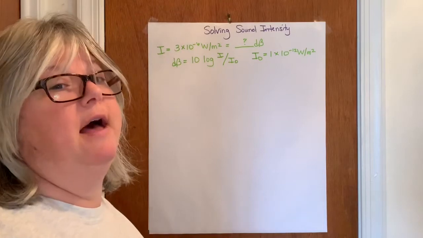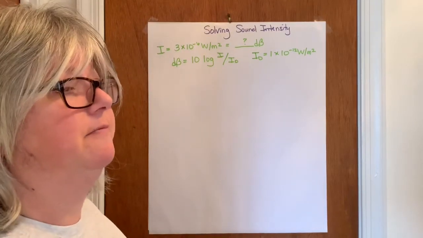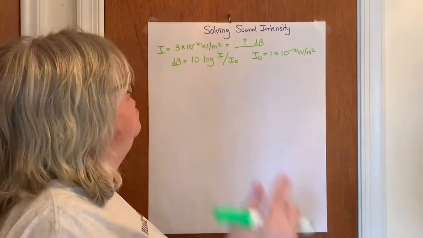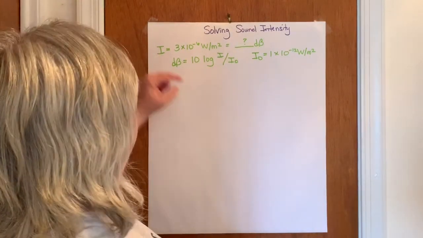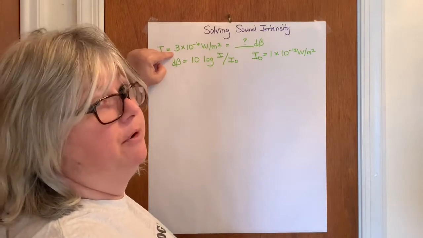Yes, I will give you that constant. You don't need to memorize it. So now we're going to plug in to figure out how many decibels this very low number is.